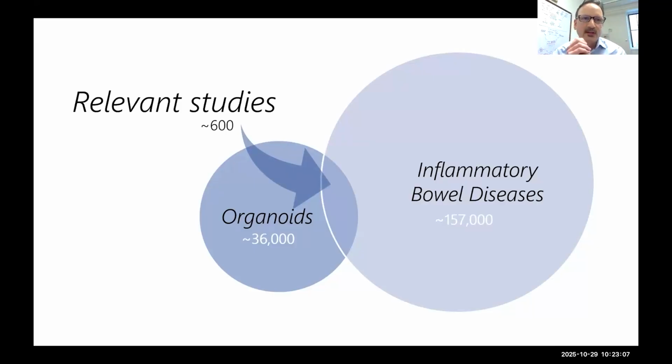I'm looking for this set of relevant studies that include elements of both of these types of main ideas. So that's going to be around 600 studies. So this is our goal, what we're shooting for. And having a well-structured search strategy is the way we're going to get to this goal.